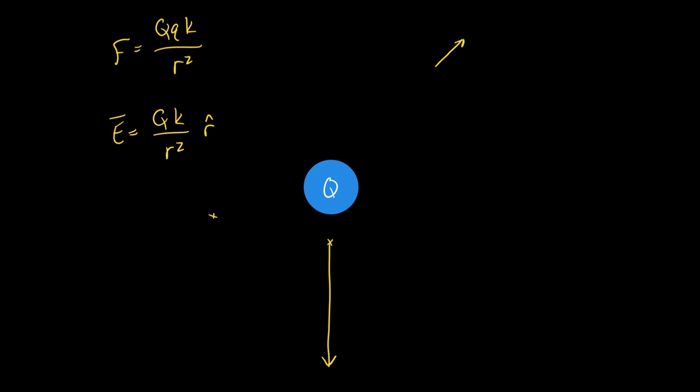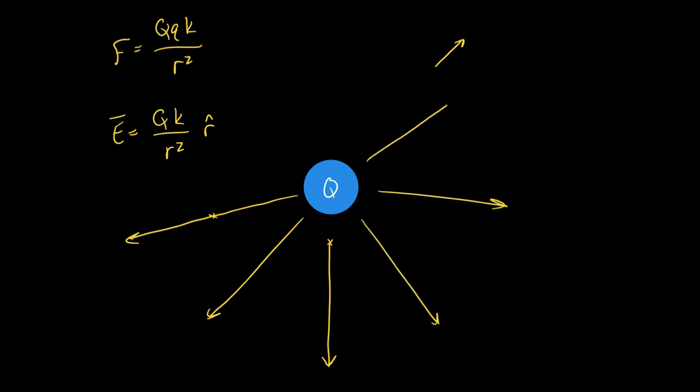And if I continue this process, are you easily convinced that the electric field around this point charge is going to look something like this? No matter where I consider placing my point, I'm going to be directed with an electric field away from the center.